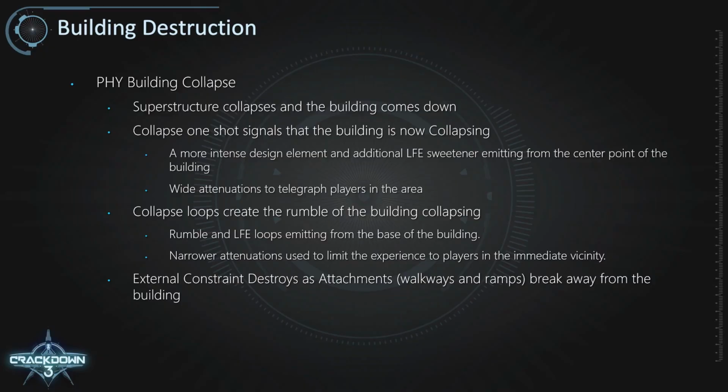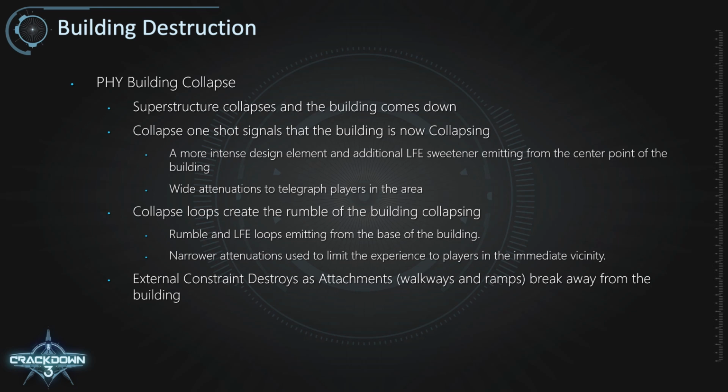So building collapse, it's our turn. We get to collapse now. All the superstructure joints are going to break, and the building is going to crumble down. Similar to pre-collapse, we trigger an event signaling the start of the state change. In this case, we use content that's a bit more punchy and designy, and we also add an LFE sweetener to that one shot.